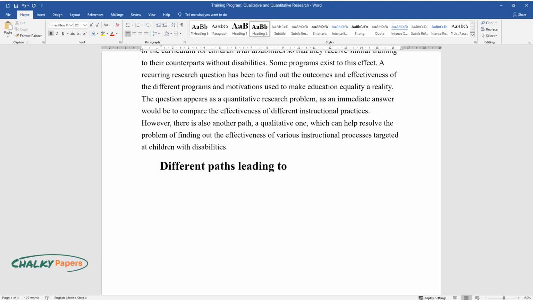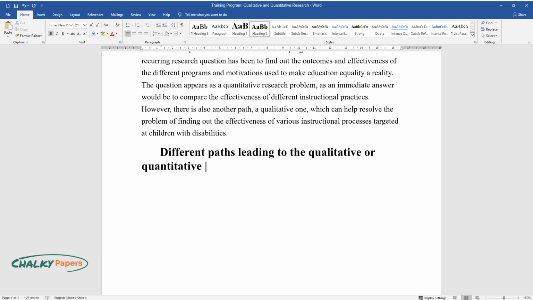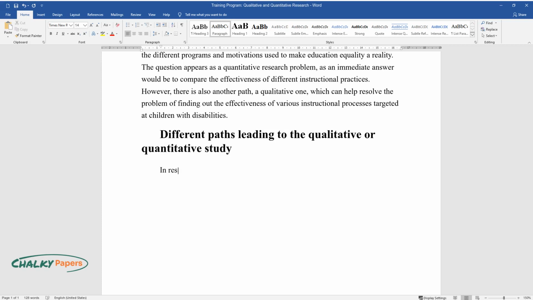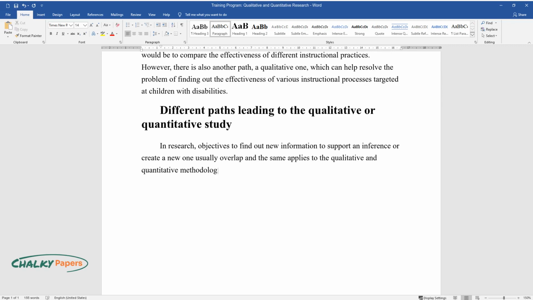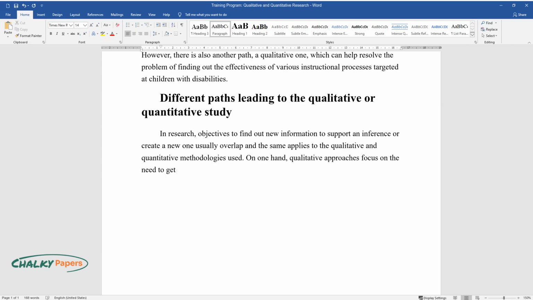Different paths leading to the qualitative or quantitative study. In research, objectives to find out new information to support an inference or create a new one usually overlap, and the same applies to the qualitative and quantitative methodologies used. On one hand, qualitative approaches focus on the need to get an in-depth understanding of reasons and motivations for a particular observation.